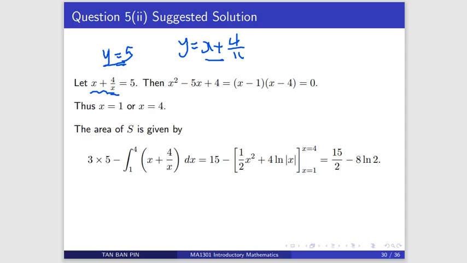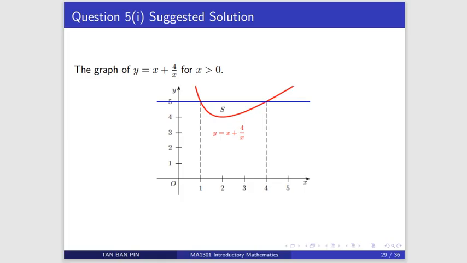This gives a quadratic equation, which you factorize, and you get x equal to 1 and x equal to 4. So the line y equal to 5 will cut the curve at 1 and 4. Here is 1, here is 4. So this is the region S.